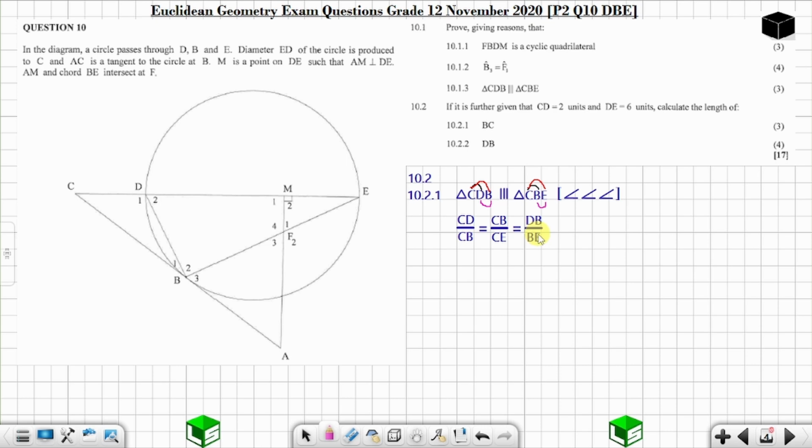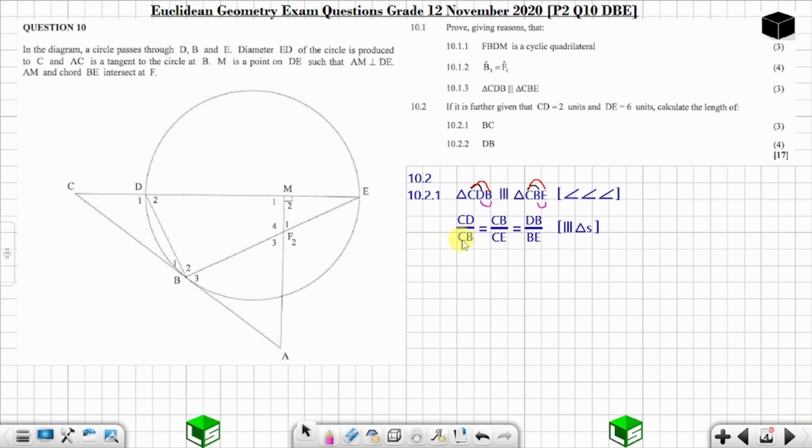So this is how you can write the proportionality equation when you have one triangle similar to another triangle. The reason you can write it is because you have similar triangles. Now from the equation we can find BC. BC or CB is the same.